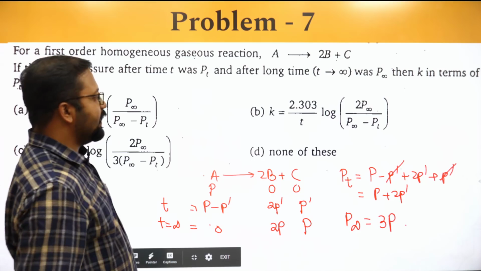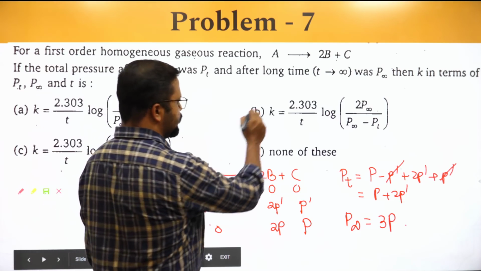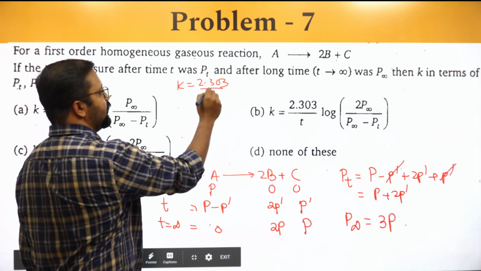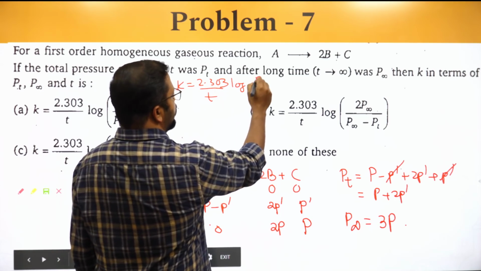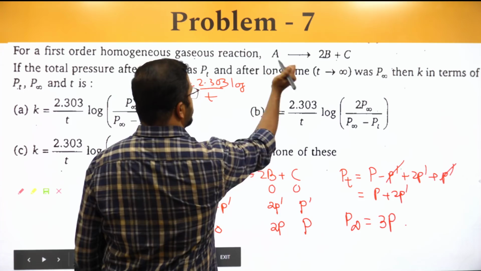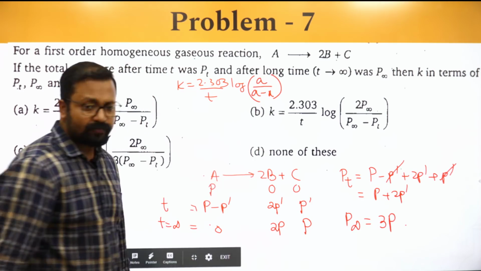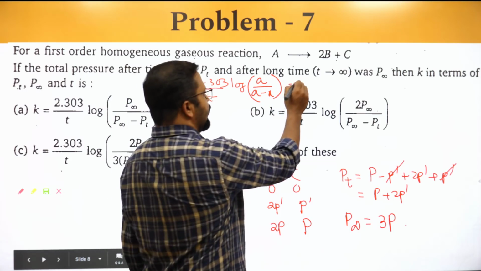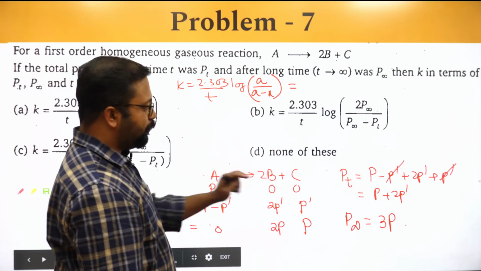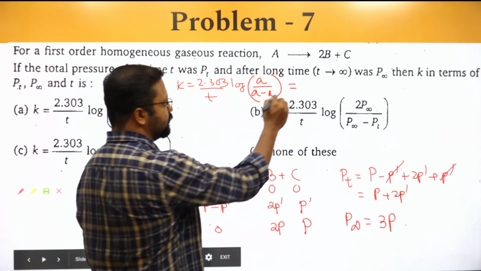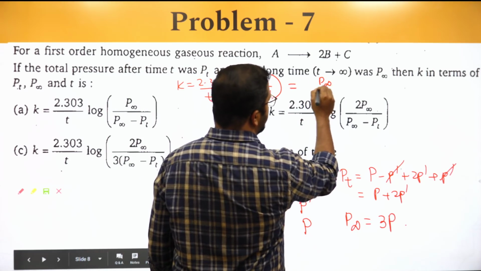Now, what do we write as the equation for first order reaction? For a first order reaction, we write K is equal to 2.303 by t log of initial concentration over A minus X. You write this, right? So the value of A is P, but I have to write it in terms of P infinity. So I will write it as P infinity by 3.